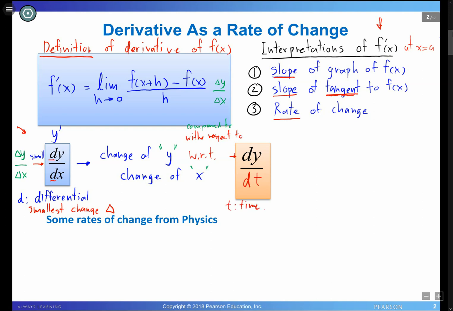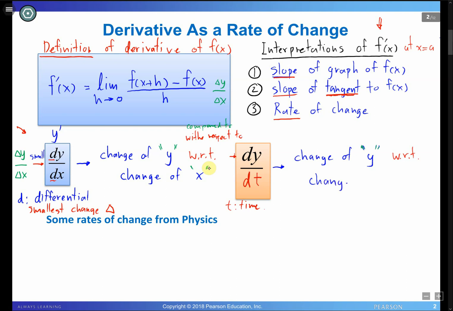Now we are going to translate this into words again. The same way. Once again, this is about the change of y variable with respect to, or compared to, change in time.